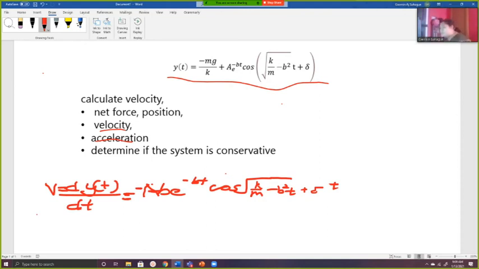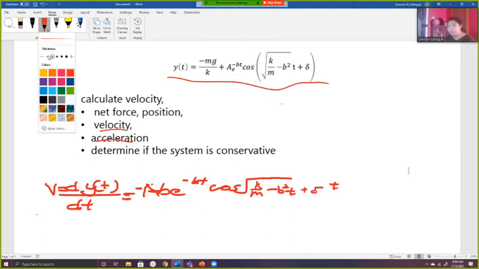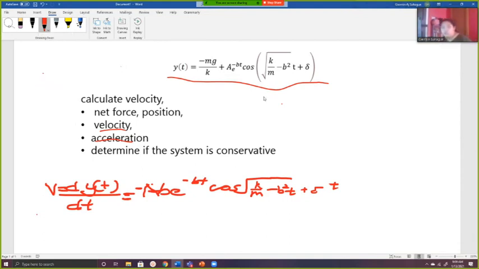Then plus, we get the derivative of this, and this one would be a constant, so the derivative would be negative sine of the square root of k over m minus b squared t, plus this, times the square root of k over m minus b squared, then multiplied by a e to the negative bt, which is a constant.